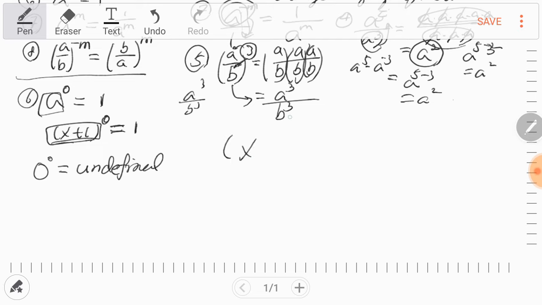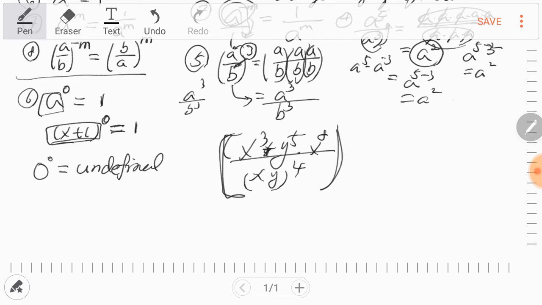So even if the base is complicated like this, y to the 5th power times x to the 8th power divided by x, y to the 4th power, whatever it is, if we raise this to the 0 power, then this is equal to 1. No matter what the base is, if the exponent is 0, then the result is 1. Make sure the base is not 0.